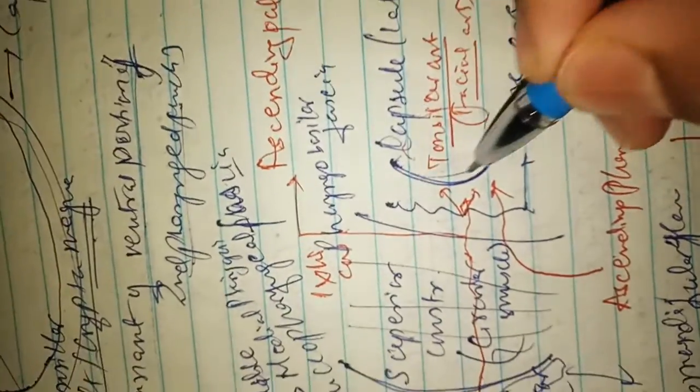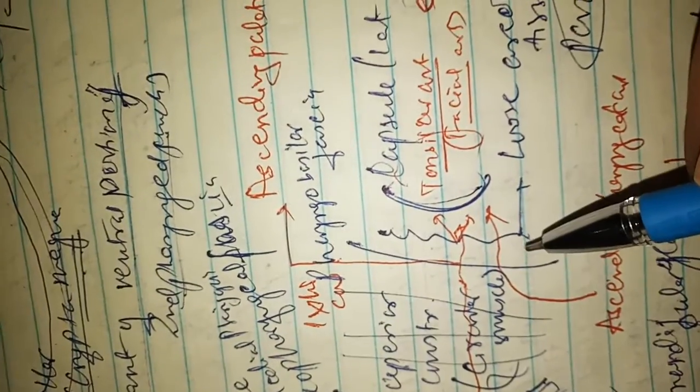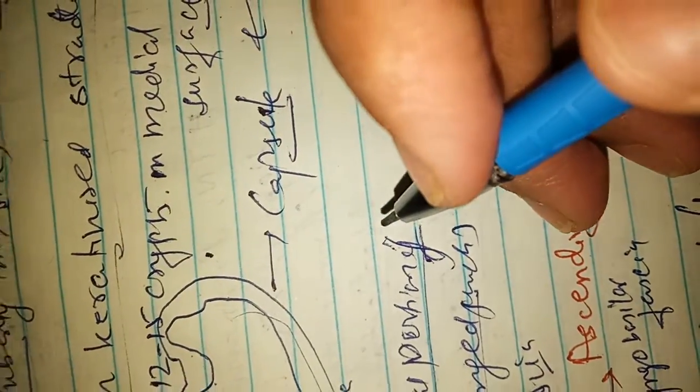And between the capsule there is a tonsillar bed. So if this is the capsule, this is the tonsillar bed. I will come to the tonsillar bed later. Now coming to the upper pole of the tonsil, it extends to the soft palate.